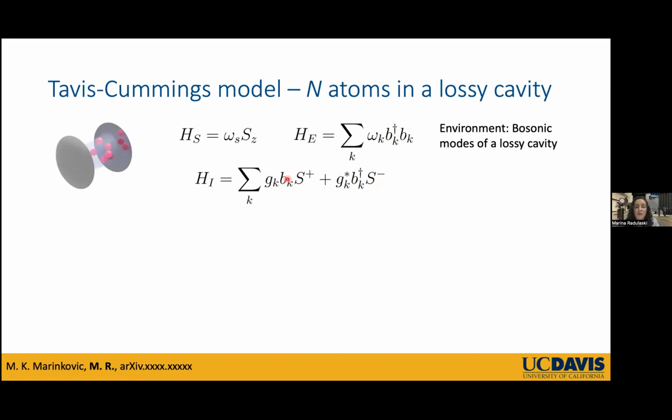So it models the exchange of the photon between the bosonic mode of the environment with one of the emitters in the system. And these bosonic modes will later be converted into a Lorentzian cavity that is coupled to atoms.